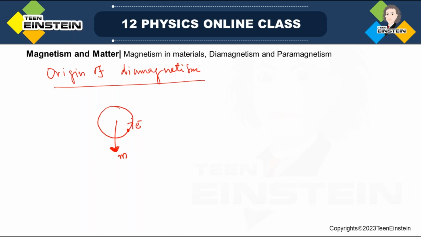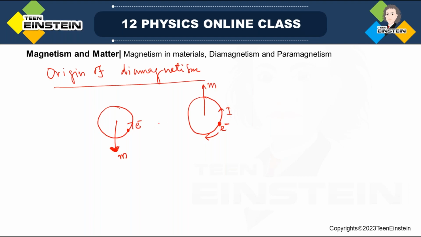Now some other electron may orbit in the clockwise direction, so the current will flow in the opposite direction. Then the magnetic moment will be in the upward direction.